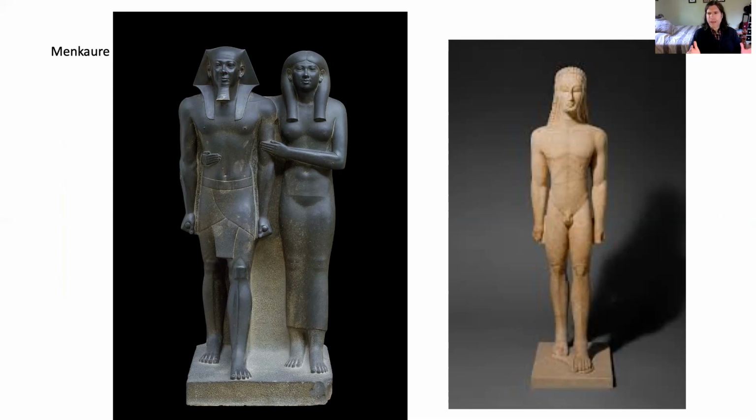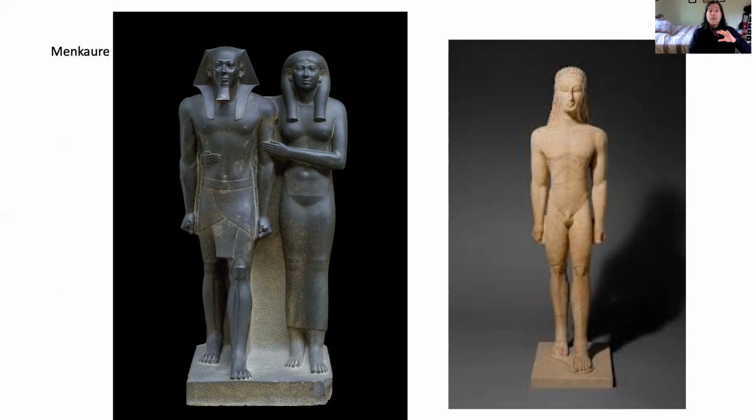And you've also got the fact that, for instance, the New York kouros is totally freestanding, whereas the Menkaure sculpture is still kind of attached to that block of stone out of which he was carved. So the ancient Greeks are borrowing from the Egyptians, but they're not borrowing in a slavish kind of way.